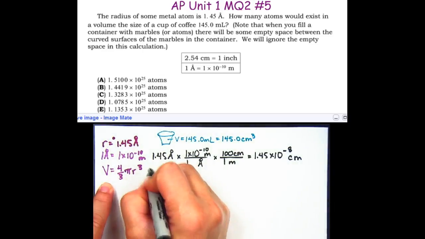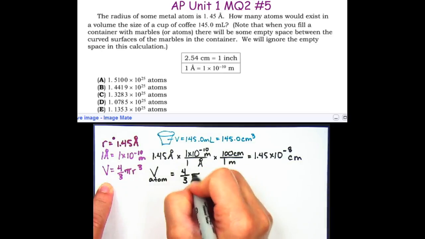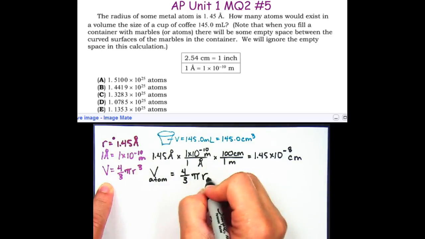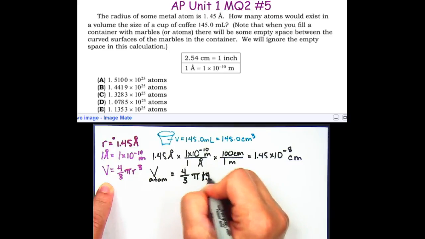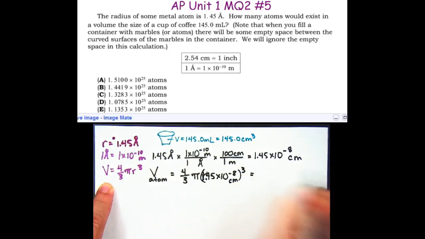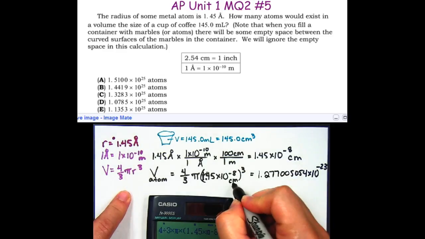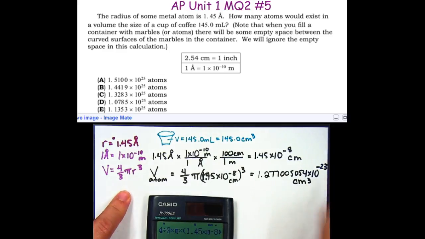So to get the volume of my atom, I'm going to take 4 over 3 pi times 1.45 times 10 to the negative 8 centimeters cubed. Notice that the unit is centimeters cubed.